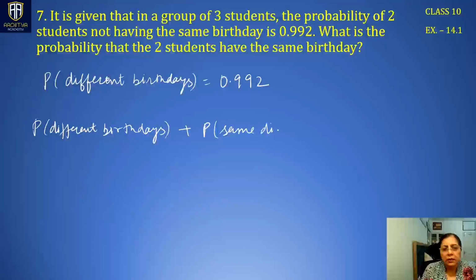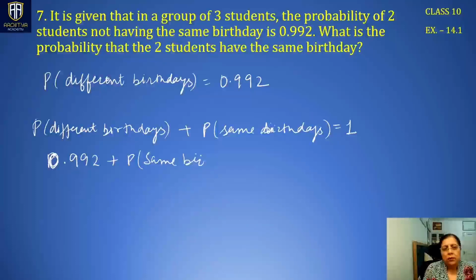Either any 2 of the 3 friends or students have the same birthday or they all have different birthdays. So they are complementary events, and they add up to 1. So the probability of different birthdays is 0.992, and the probability of same birthday can be calculated by the difference of these two.